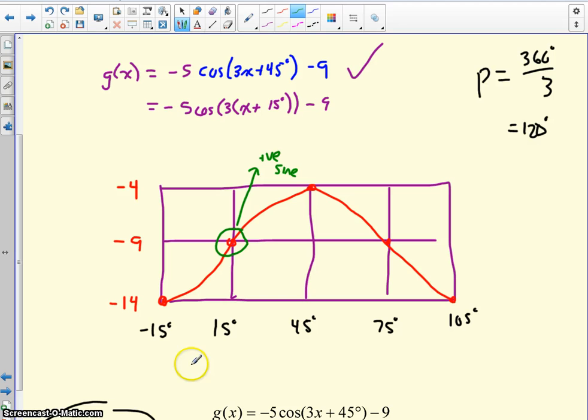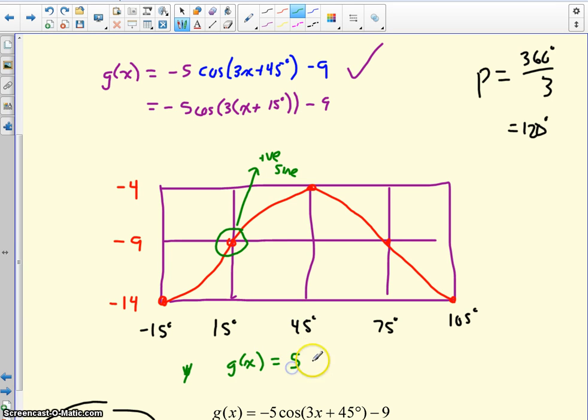So that means my equation will be, well, I'll use g of x. So if g of x equals, if it's a positive sine graph, I'll have 5 sine of 3x plus 15 degrees. Sorry, it won't be x plus 15. Let's try that again.